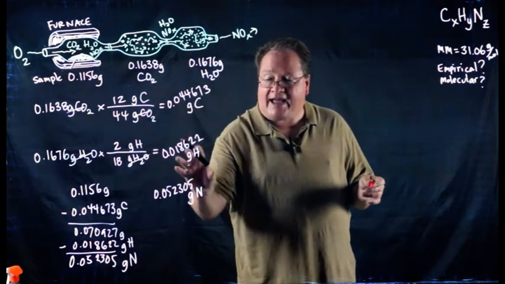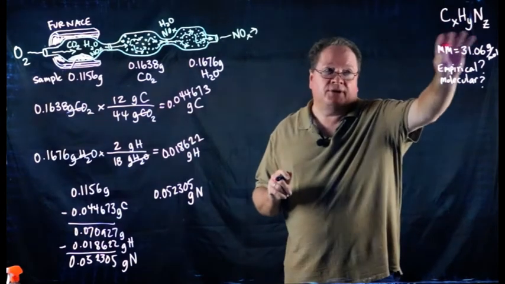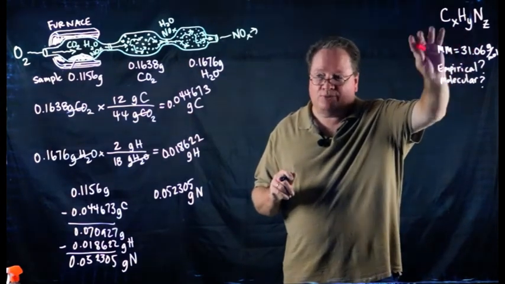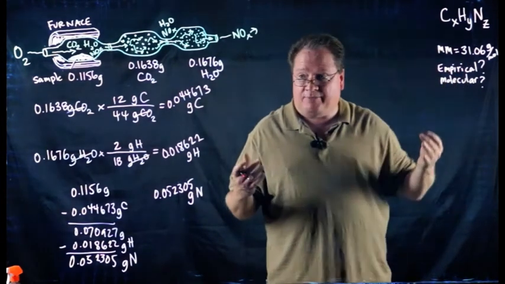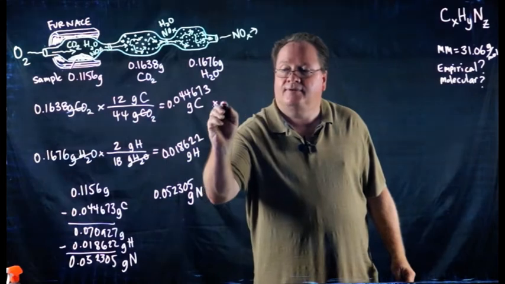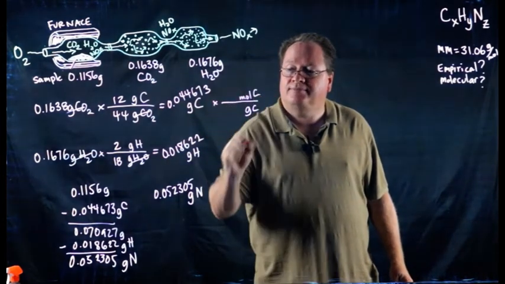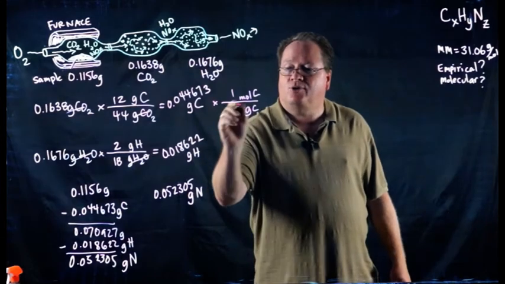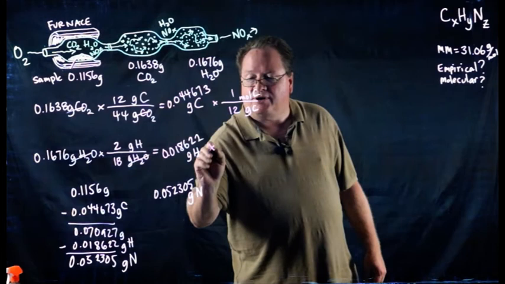I'm dealing with masses. So what's my next step if I'm trying to get to this ratio between the moles? If I have grams and I need moles, it's time to convert. Grams carbon, moles carbon. I know that for every 1 mole of carbon, I have 12 grams. Here we're looking at hydrogen.